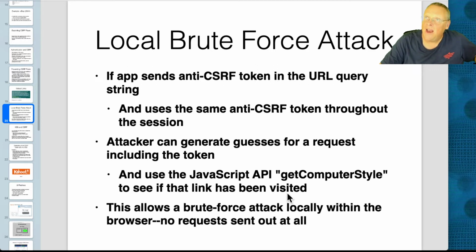So I could try thousands and thousands of tokens locally in the browser without sending any data out at all. The JavaScript will just create the URL and then call getComputedStyle to see what style will be used to render that URL and decide whether that URL has been visited. So I could pump out a supposedly random number this way with a local attack inside the browser.